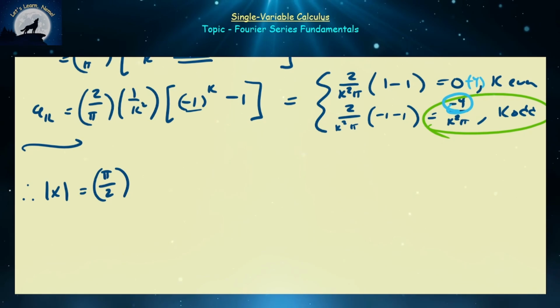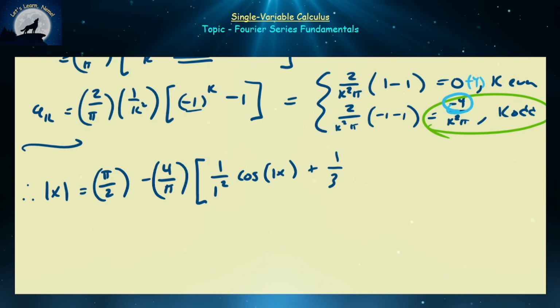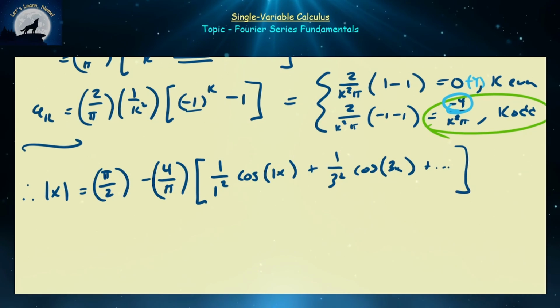And then we're also going to be left with a pi coefficient on the bottom. So we're going to be left with minus 4 over pi. And then we're going to only have the odd terms since all the even terms are gone. So it's going to be 1 over 1 squared times the cosine of 1x, and then plus 1 over 3 squared times the cosine of 3x, and so on, all odd integers up through infinity.